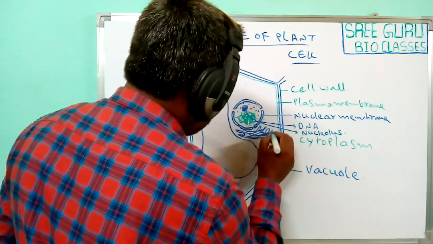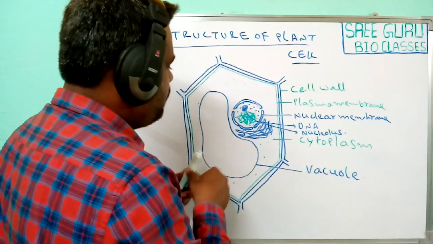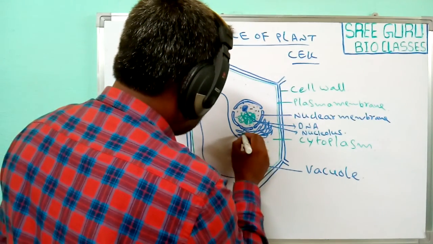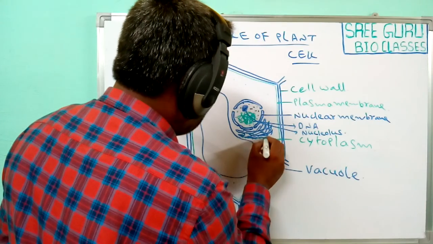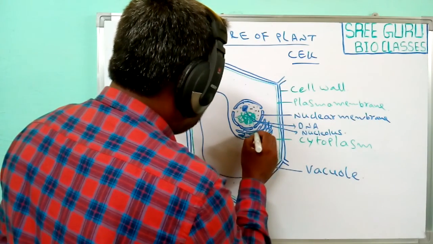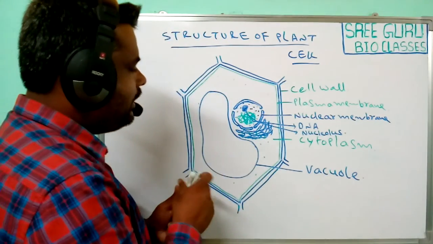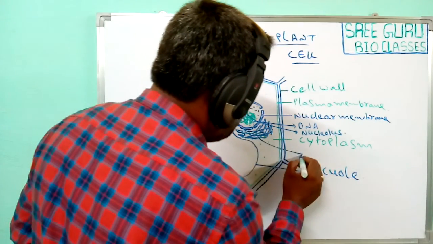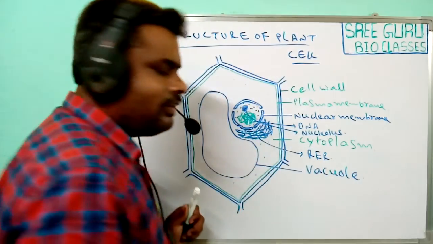Sometimes the endoplasmic reticulum has ribosomes attached to its walls. That type of endoplasmic reticulum is known as rough endoplasmic reticulum, RER.